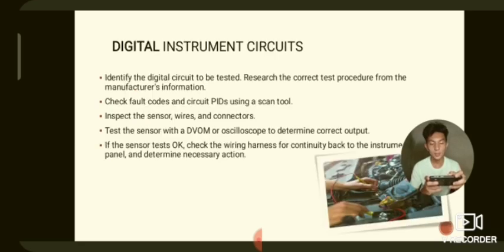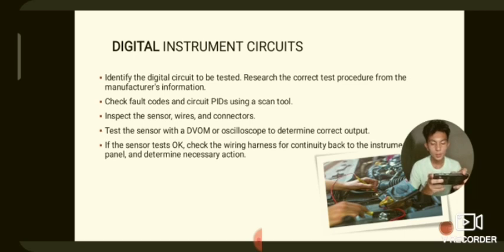Digital instrument circuits. Identify the digital circuit to be tested. Research the correct test procedure from the manufacturer's information. So, check fault codes and circuit PIDs using a scan tool.